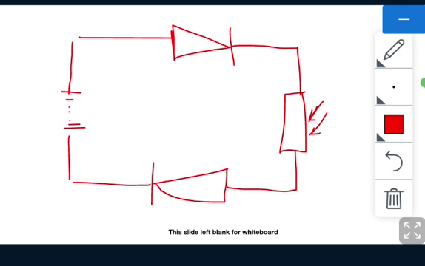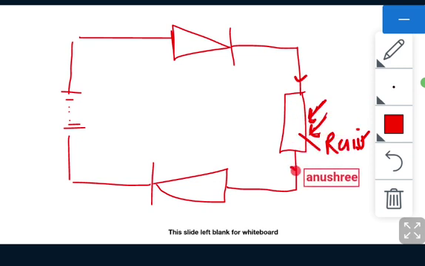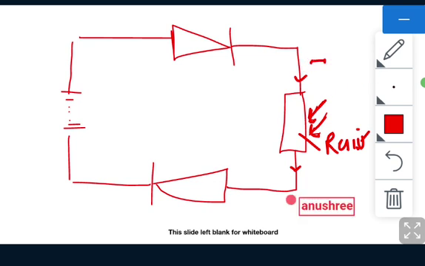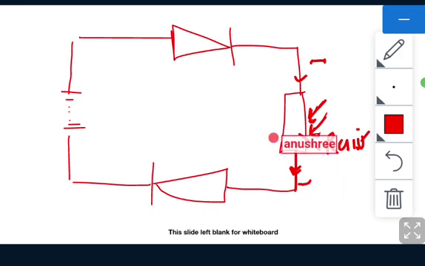It depends on the light intensity. If the light intensity is higher, then this resistance will be lower. So the value of current will be higher, but whatever the current is here, the same current will be here. It passes the same amount of current. Okay, so nothing will change in the circuit. Yes, the amount of current remains the same. Okay, that's fine. That's one of the things I wanted to ask.